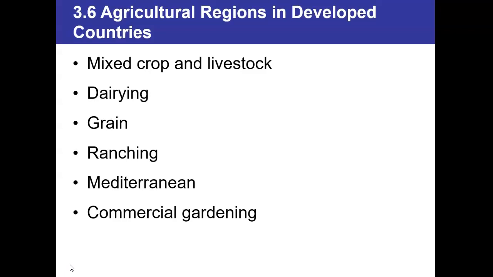So, with the mixed crop and livestock, all of that would be grown for the purpose of feeding the animals. Large-scale grain production, like other commercial farming ventures, is more common in developed countries. This is because it is heavily mechanized and also conducted on large farms. It's also oriented to consumer preferences.